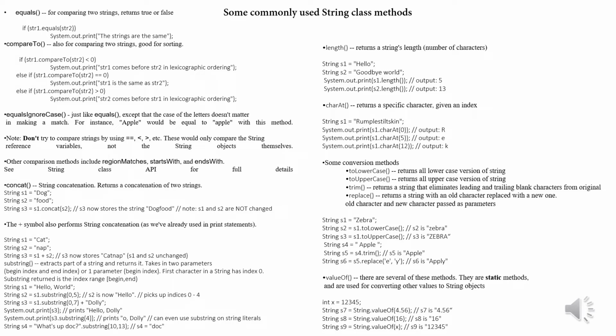For example, if we have a string s1, as you see here, and we want to return the first character of this string, what we need to write is s1 dot charAt 0. 0, why 0?